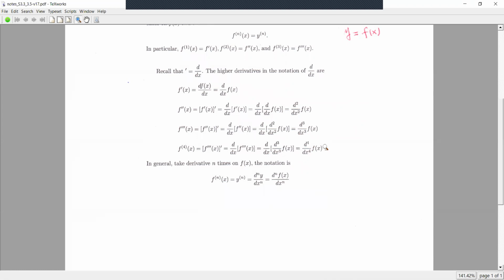This notation is for the fourth derivative. In general, take the derivative n times on the function f. The notation in terms of d over dx is this.